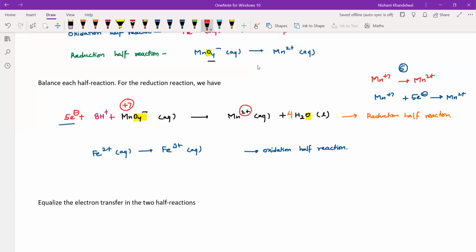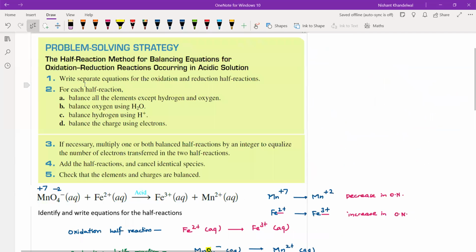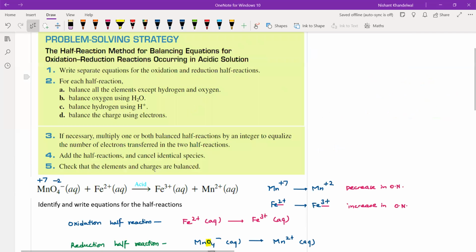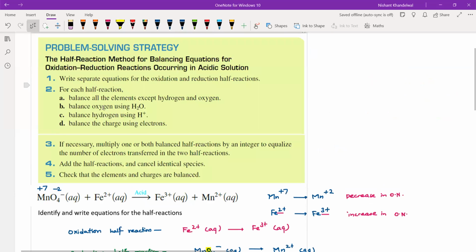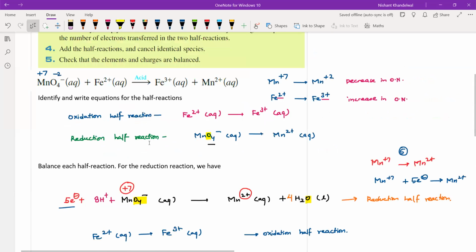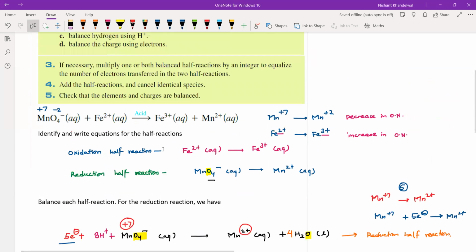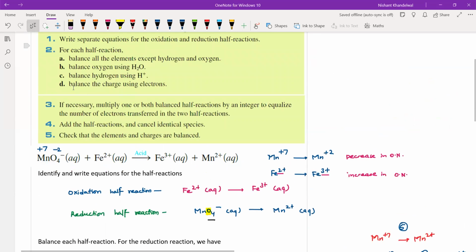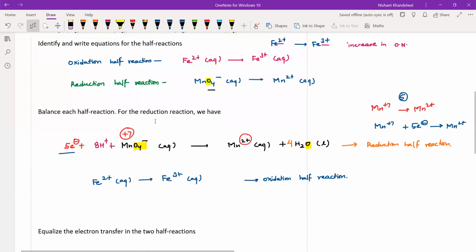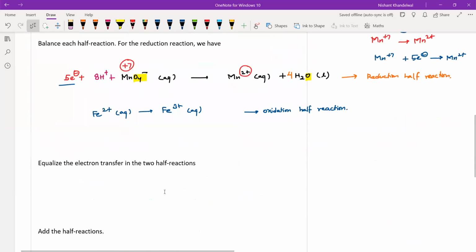Now see, the A point: balance all the elements, they are all balanced. The B point: balance all oxygen using H2O. There is no oxygen, so no need to add H2O, and no need to add H plus as well. Now the last point, balance the charge using electrons. Yes, this is applicable here.